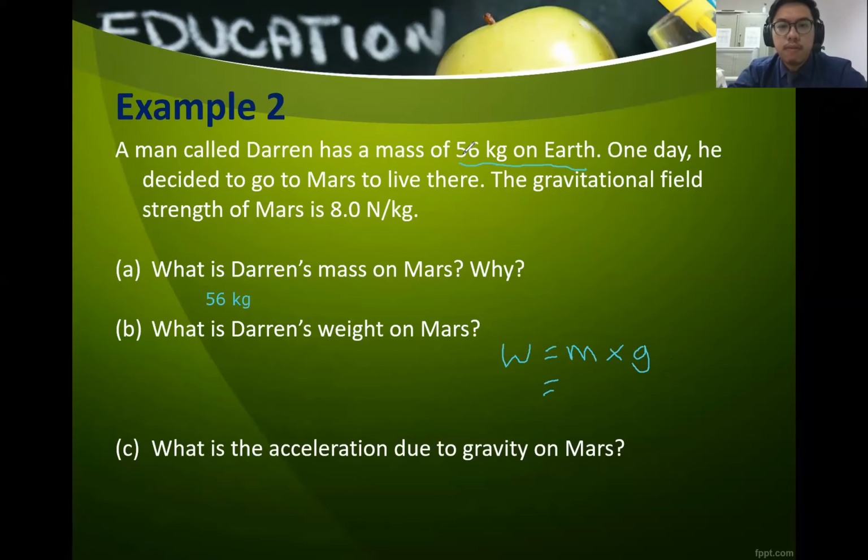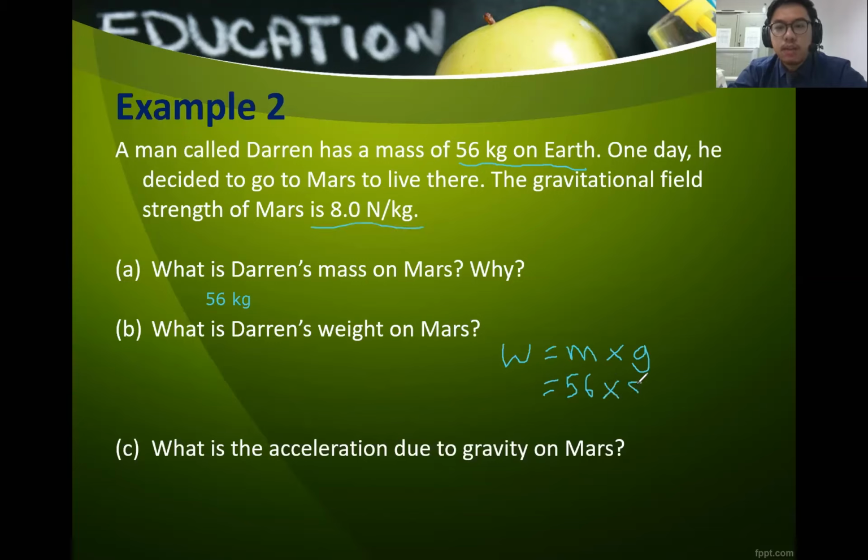So the mass is 56 kilograms and the gravitational field strength is 8 newtons per kilogram. So 56 times 8. Grab your calculator and calculate it from there. It is 448 newtons. So that's the answer for B.